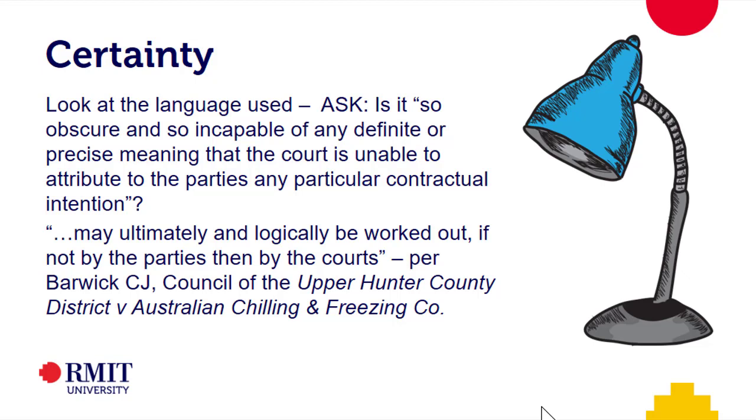So we look at the language that's used and we ask ourselves, is it so obscure or incapable of any definite or precise meaning that a court is unable to attribute to the parties any particular contractual intention? Notice how certainty and intention are wound up in each other in this way.